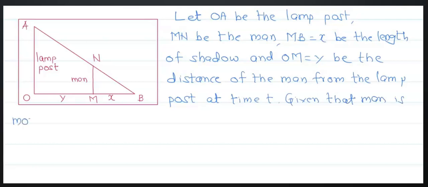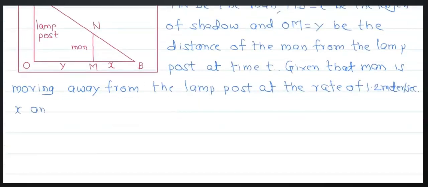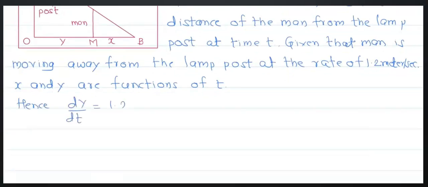Given that the man is moving away from the lamp post at the rate of 1.2 meter per second. X and Y are functions of t. They are changing with the time. Therefore, x and y are functions of t.